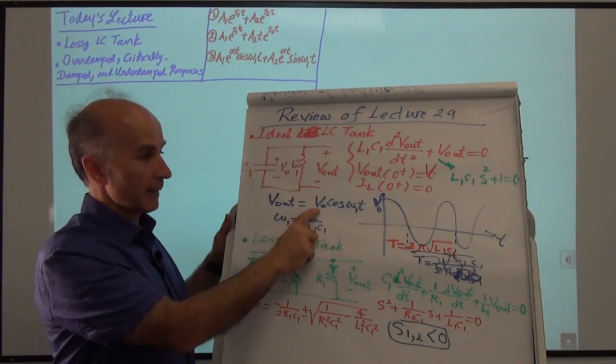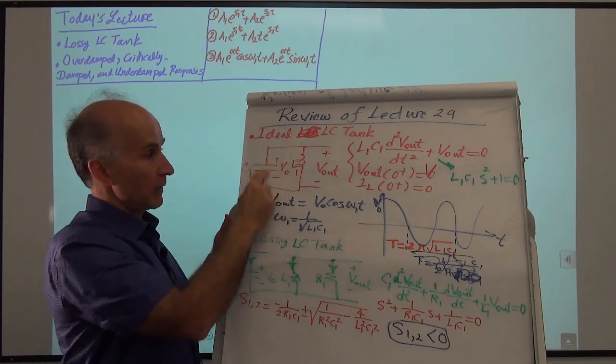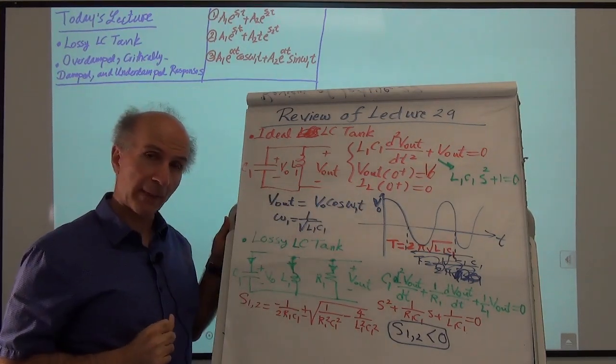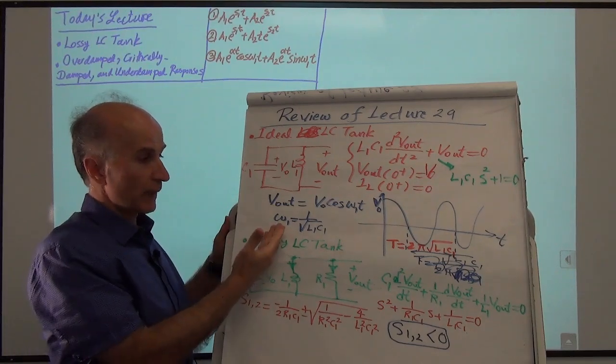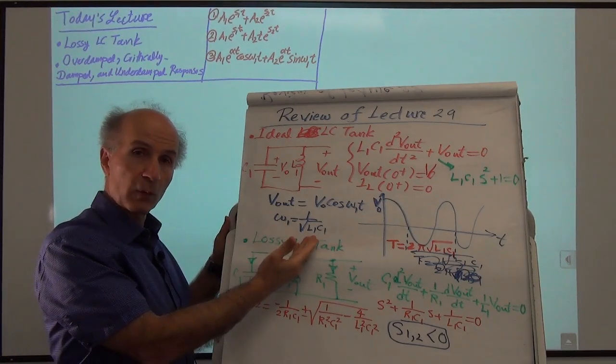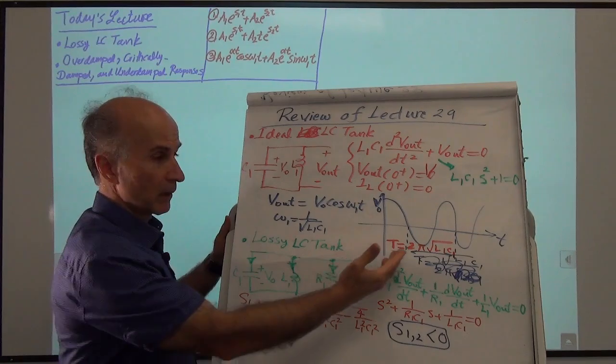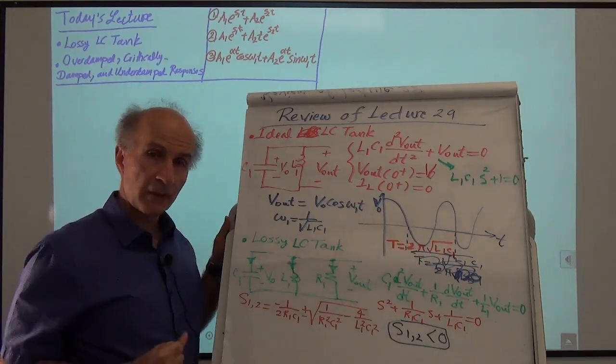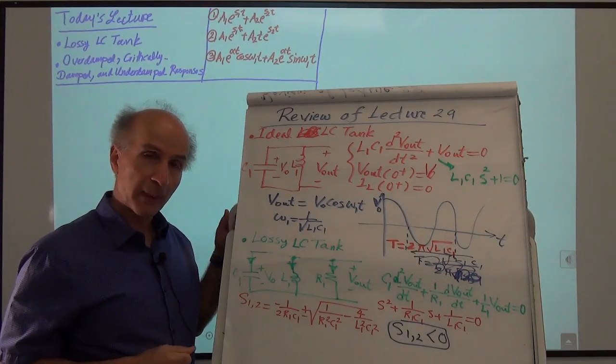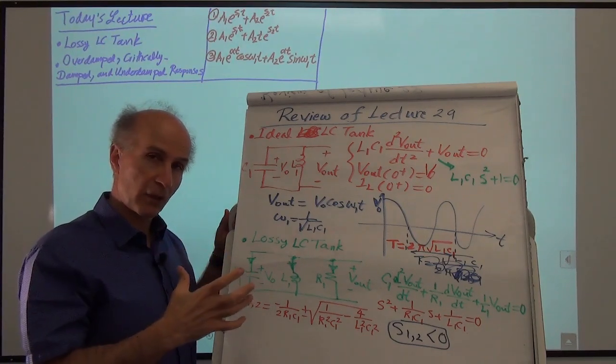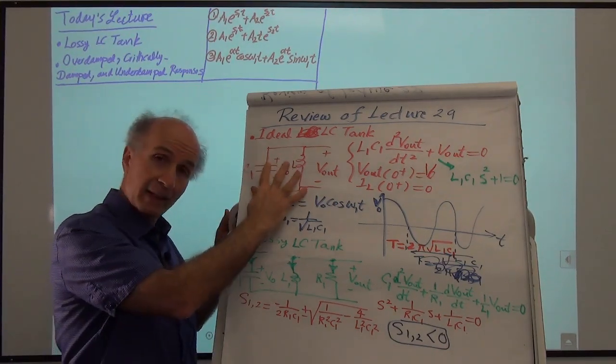So the cosine has a peak amplitude of V0, which is the same as the initial condition on the capacitor. And it has a radian frequency 1 over root L1C1, or a period equal to 2 pi times square root of L1C1. So we see that the period of the oscillation is a property of the circuit itself.